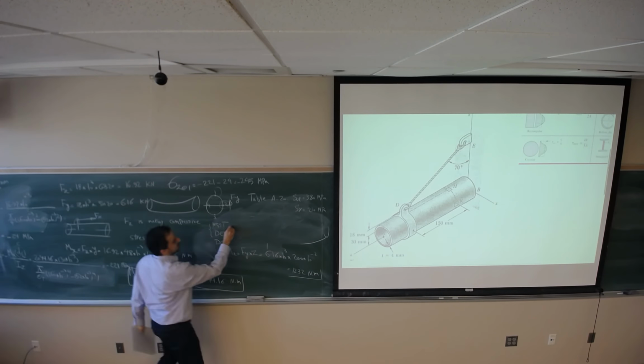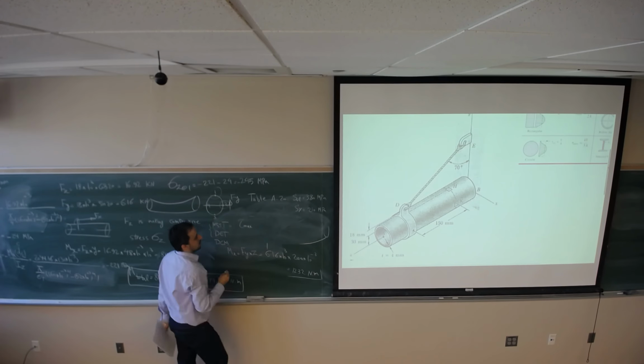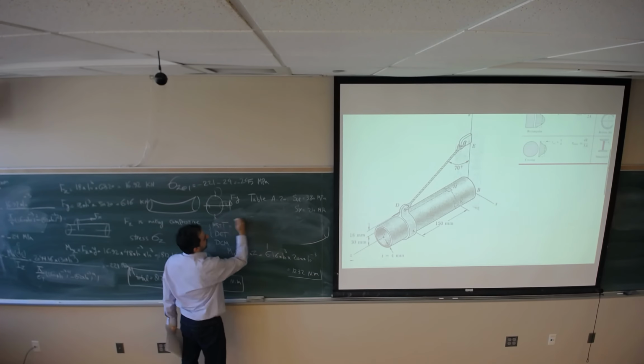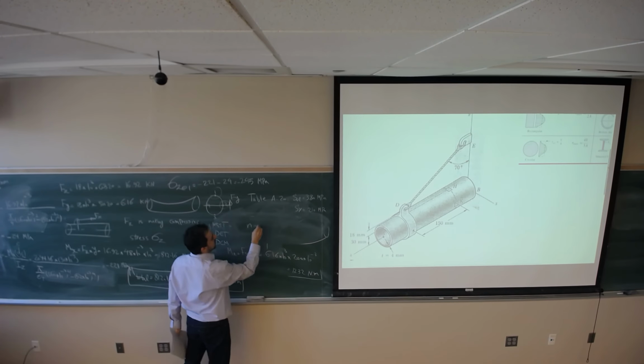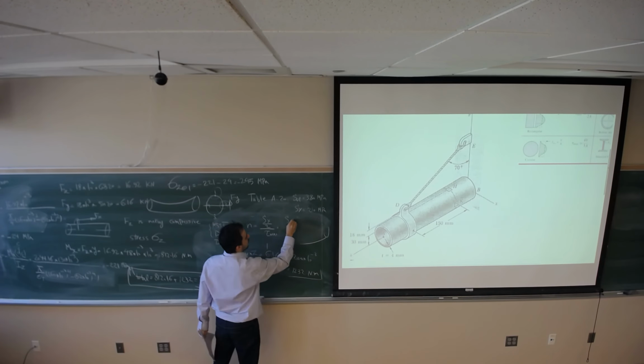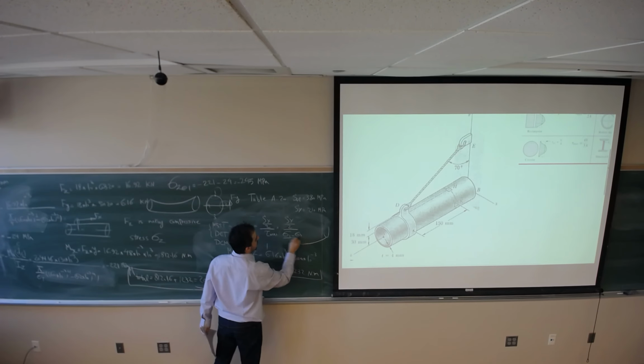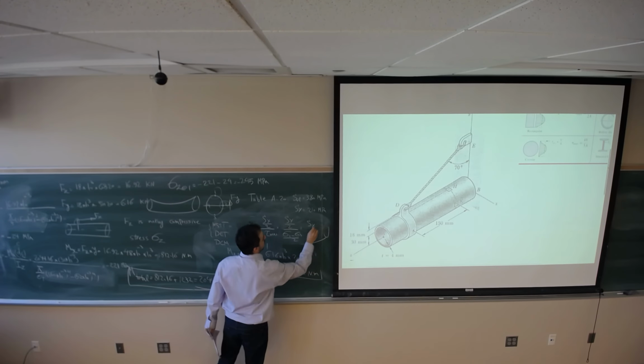Maximum shear stress theory says the factor of safety would be Sy divided by 2 divided by tau max. Tau max is sigma 1 minus sigma 3 divided by 2, so the factor of safety is Sy divided by sigma 1 minus sigma 3.